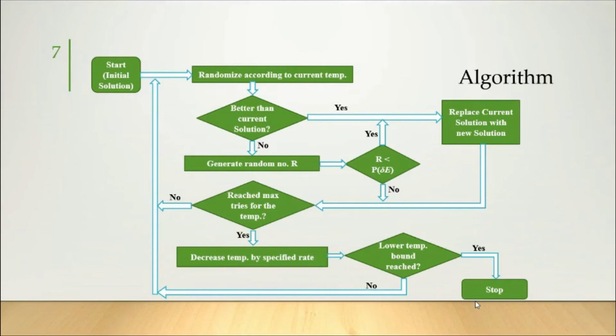If it is less than the probability, then we accept it, otherwise we reject it. Then we check for the maximum trials. If it is reached, then we decrease the temperature. Else, if it hasn't reached the maximum trials, then we go again for randomizing it. So this is the procedure by which the simulated annealing algorithm works.